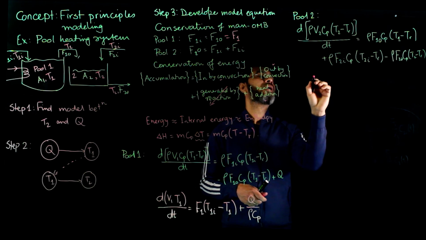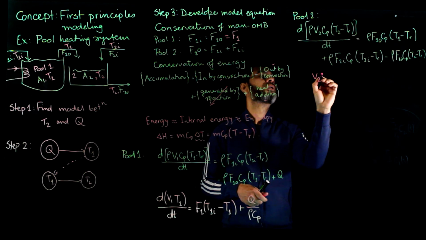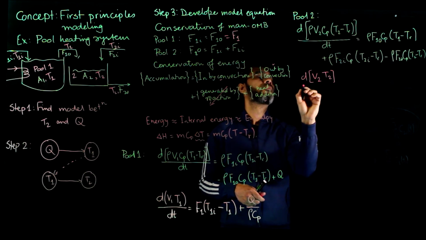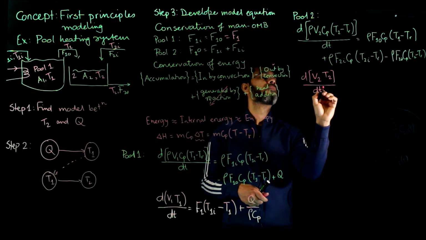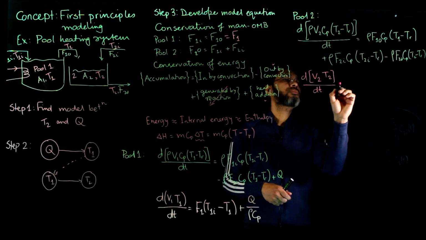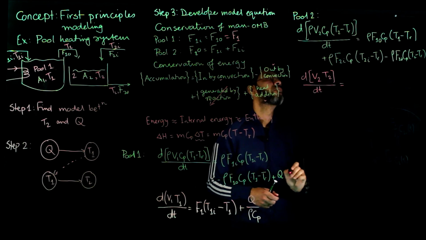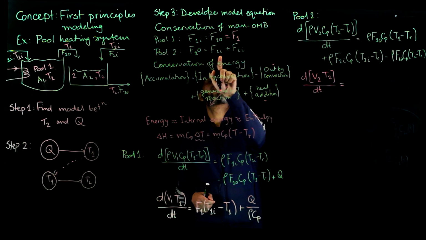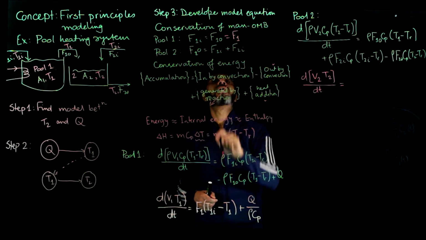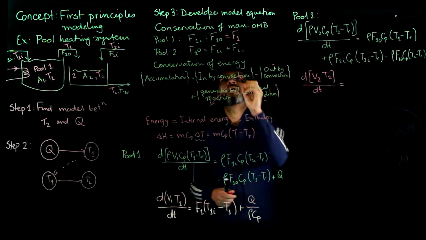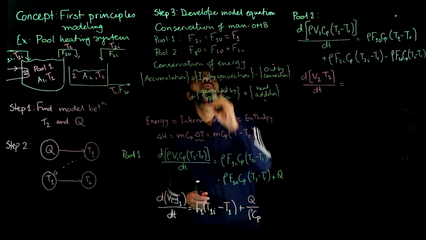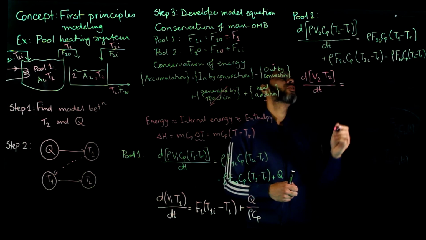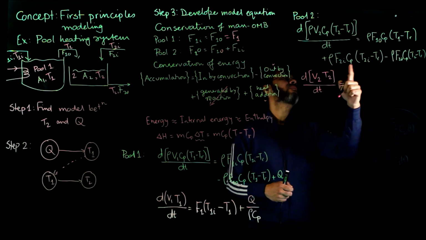You will end up getting V2 dT2/dt equals, we have this relation that F2o equals F1 plus F2i.